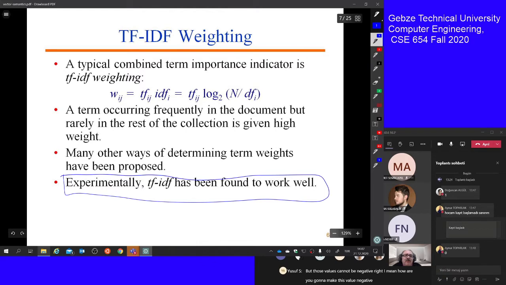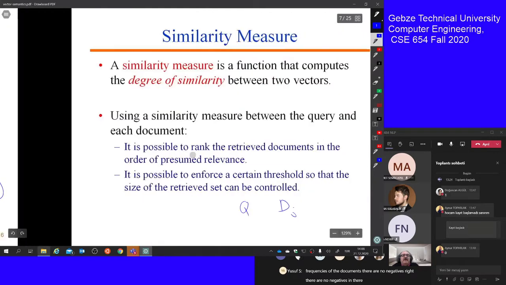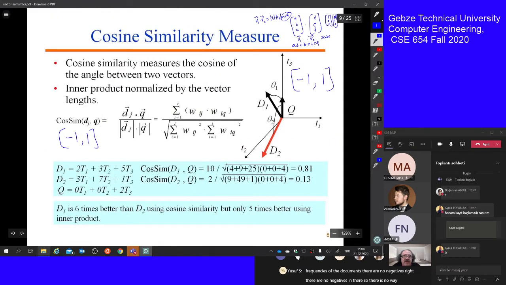Because I am only counting the frequencies of the terms, or the frequencies of the documents. There are no negatives in there. So there is no way any of these values could be less than 0. They could be at least 0.